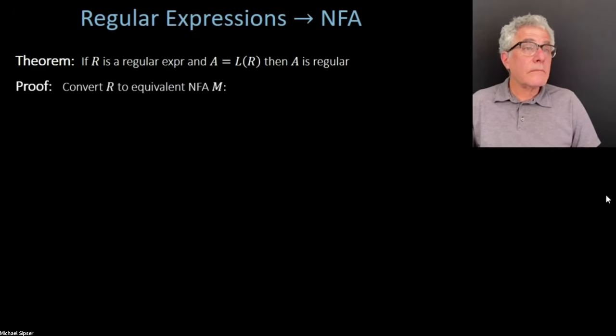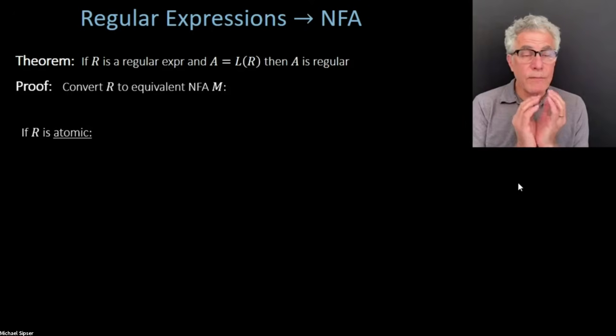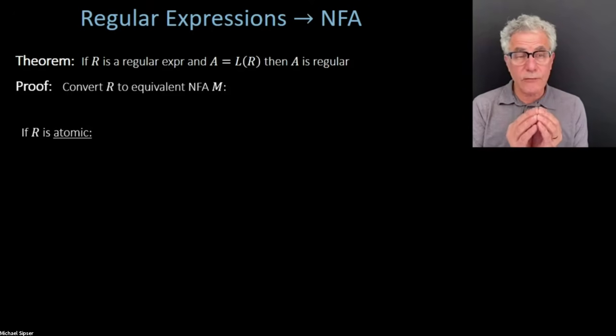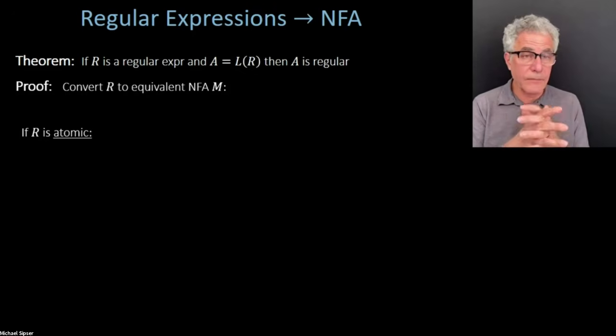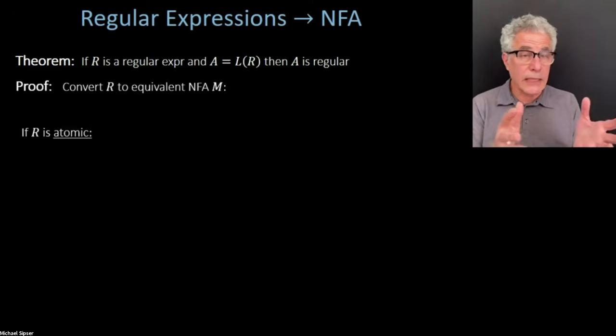We're going to show how to convert. The strategy is to convert R to an equivalent NFA M. Remember these regular expressions that we introduced last time, expressions that look like A, B, union B, star, something like that.